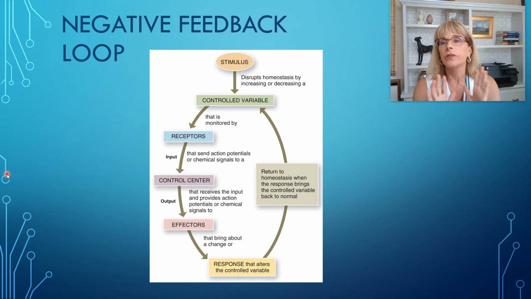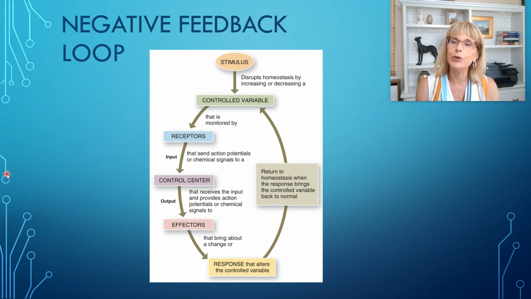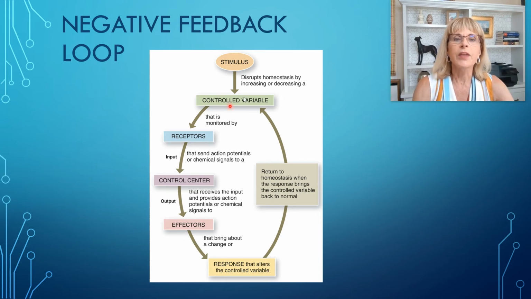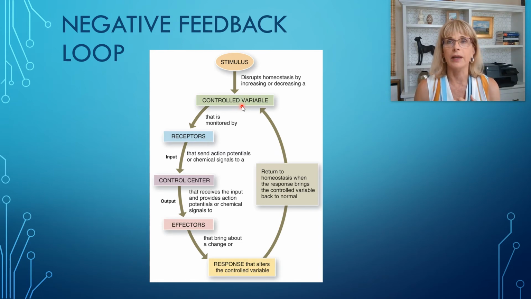Okay, now this image from the textbook, it's a very good image, but it makes this whole thing too complicated, right? So there is a controlled variable. What is the pH of your body? What is the temperature of your body? What is the osmolarity or saltiness of your body, right? And that gets measured by some kind of a receptor somewhere.